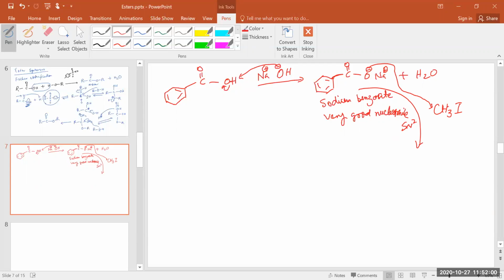Iodine will leave, and you will get methyl benzoate. It's an ester. So this is one of the methods to make simple esters, when you use the salt for an SN2 reaction.